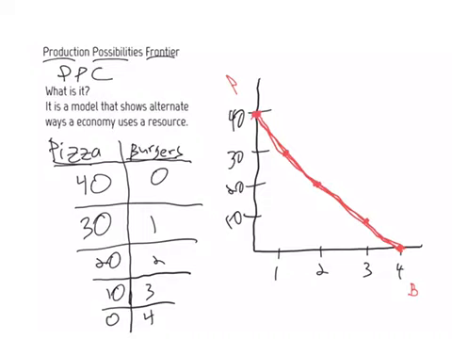After you do that, you can find, so for producing one burger, you give up 10 pizzas. You can calculate the slope after drawing the graph, and the slope is minus 10. The slope is also known as the opportunity cost.